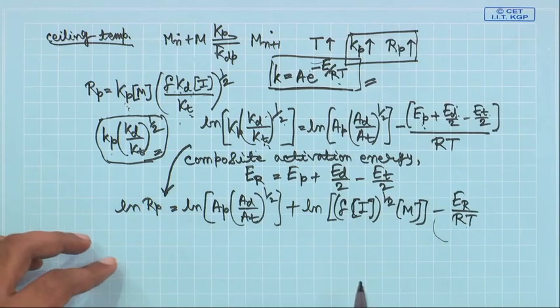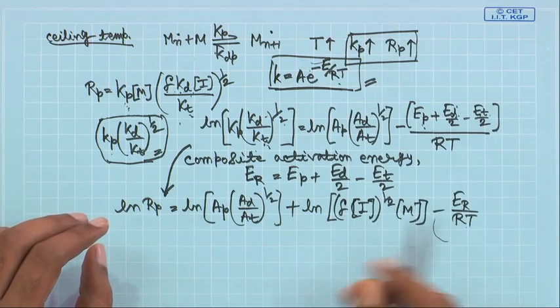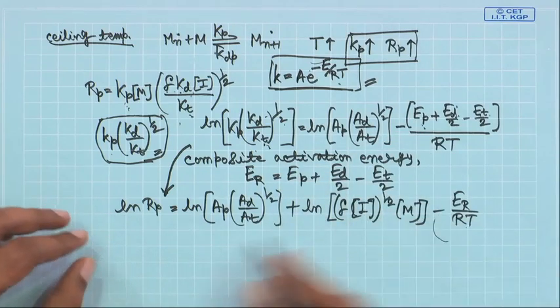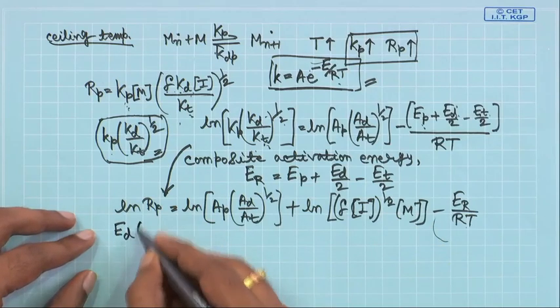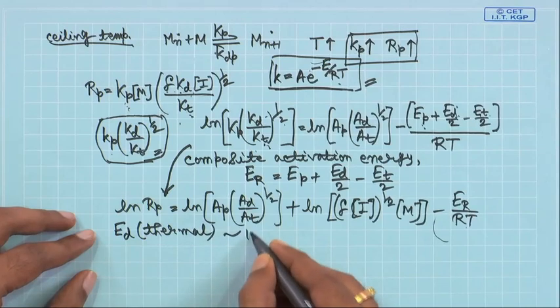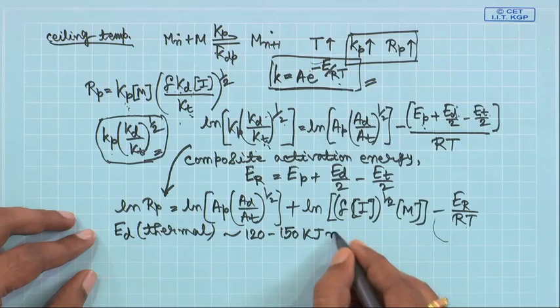Now, for a thermal initiation, if you have an initiator which can be thermally decomposed and the polymerization can be initiated with that, then the activation energy for the bond dissociation, basically the activation energy for the thermal dissociation, is of the order of 120 to 150 kilojoule per mole.